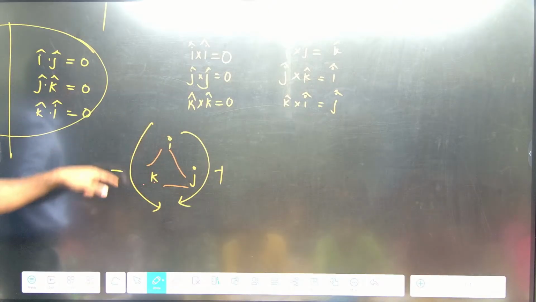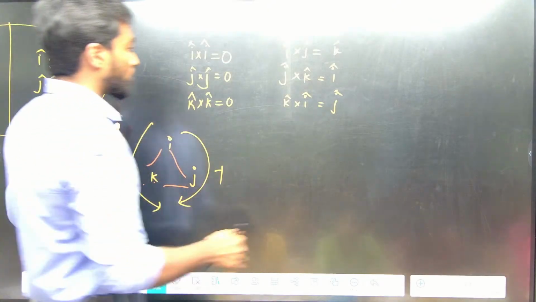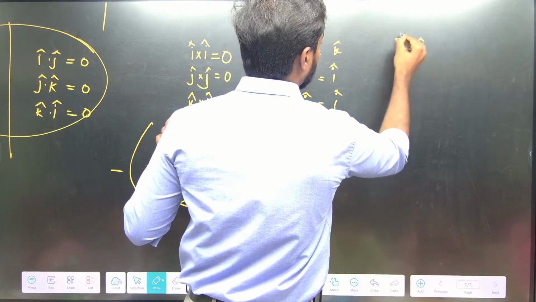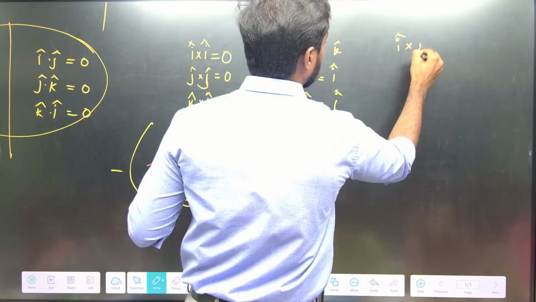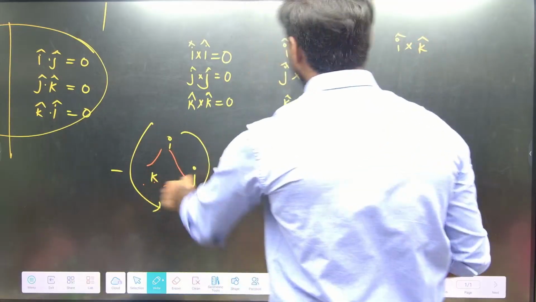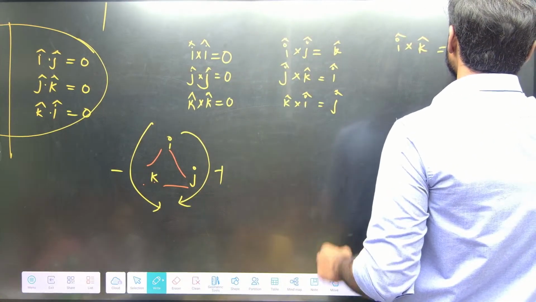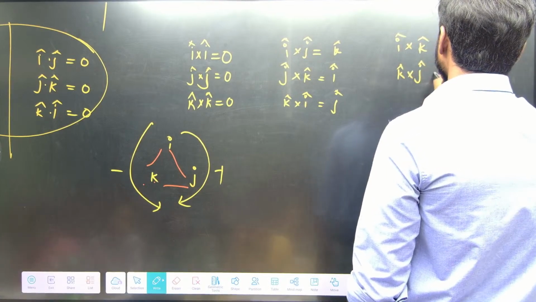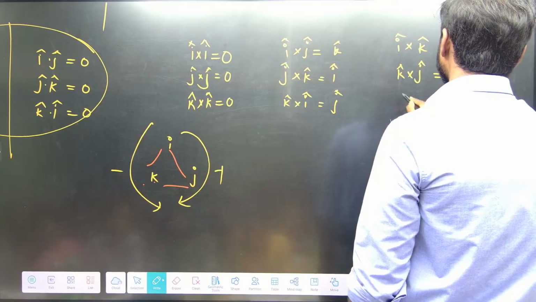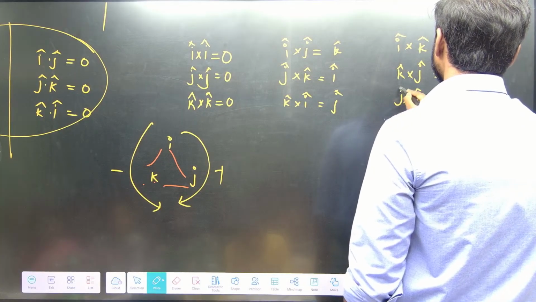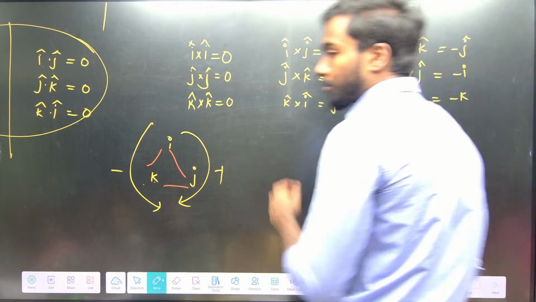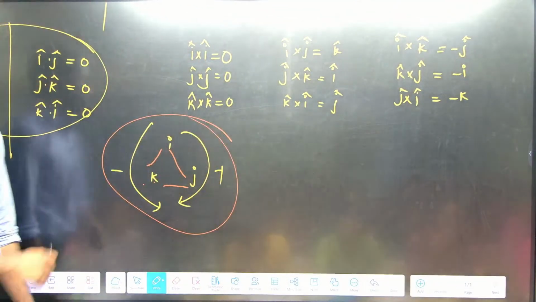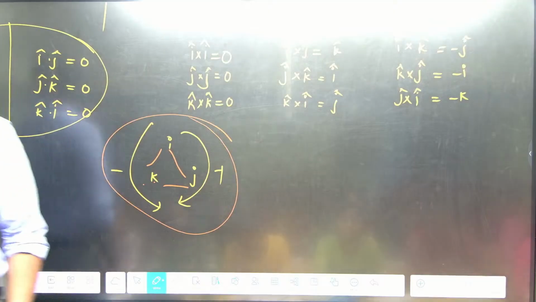If I am coming from the anti-clockwise direction, suppose i cross k, so i to k, it is minus j. So k cross j is minus i. j cross i is minus k. Any doubt here? So only you need to remember this: clockwise direction, anti-clockwise direction.